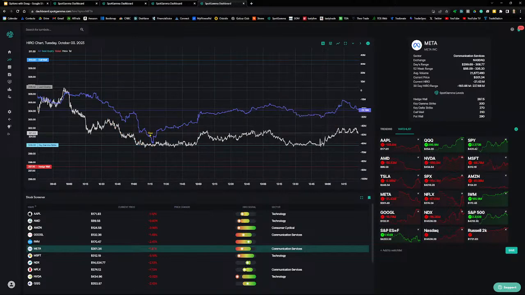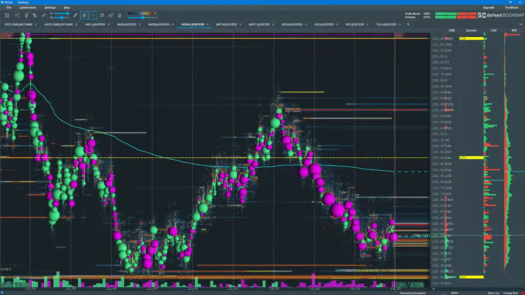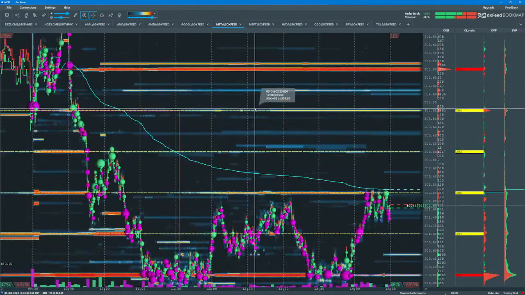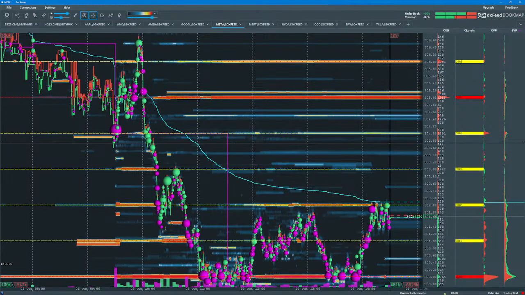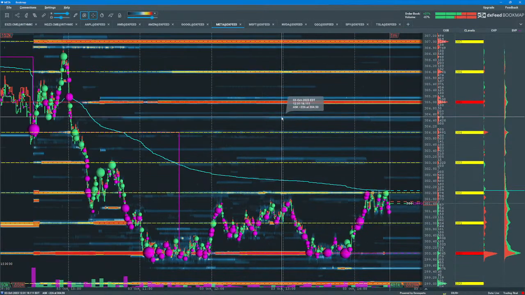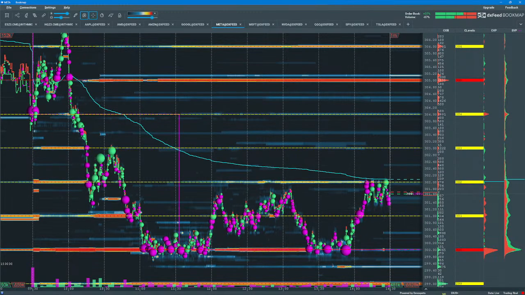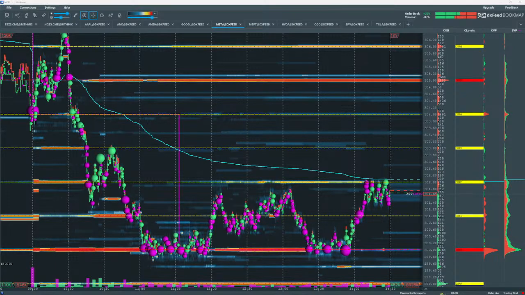Let's take a look at Bookmap. Go to Meta. All right, so Meta definitely found support at the 300 level, and options traders started taking positive delta positions right around 11:15 at this 300 level.